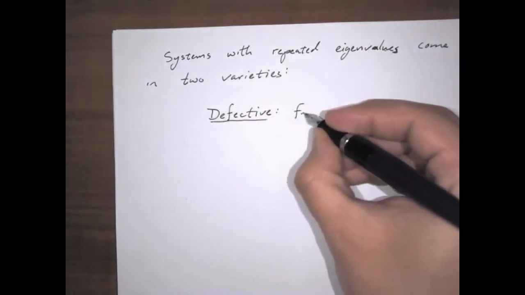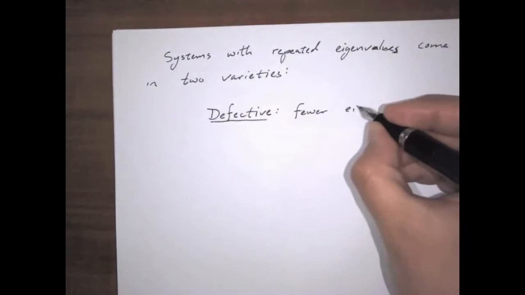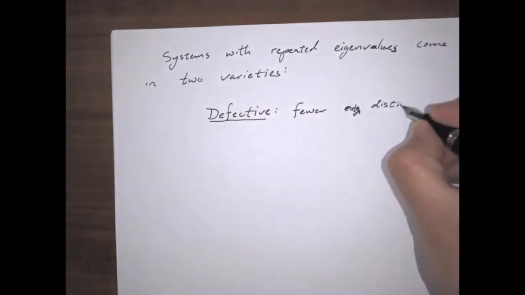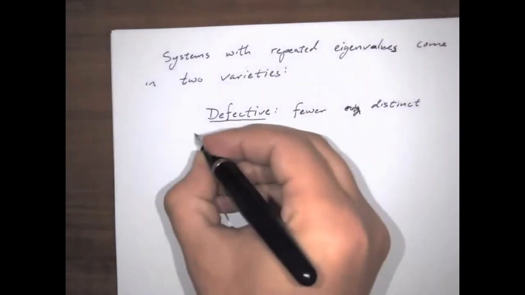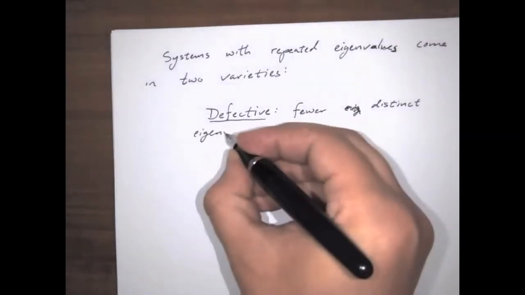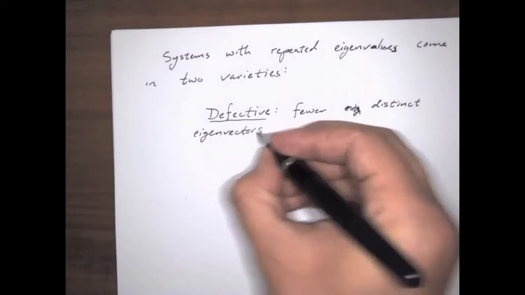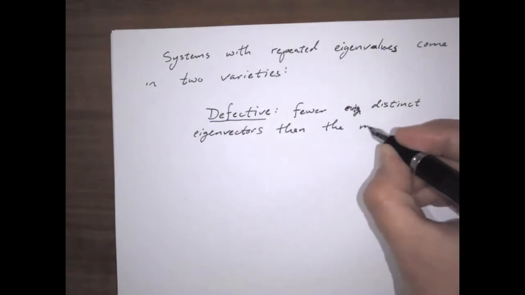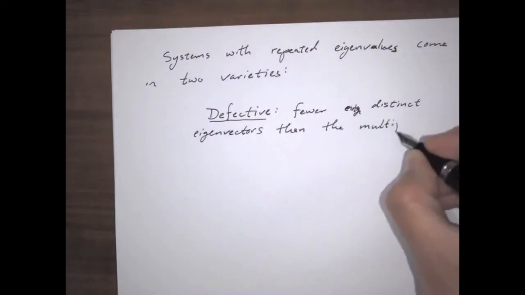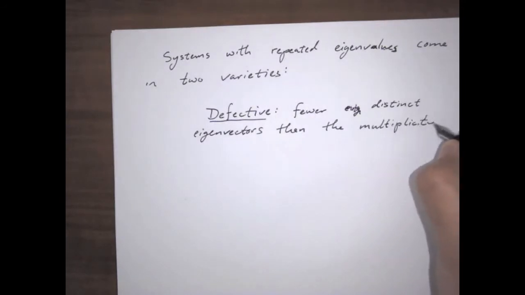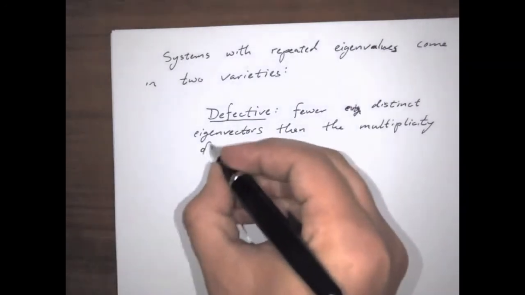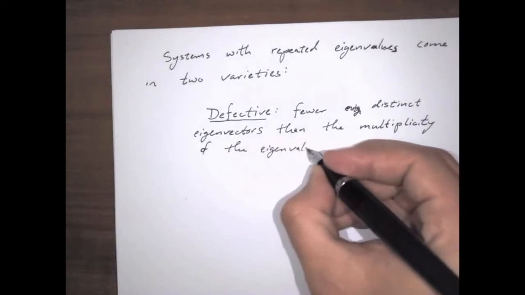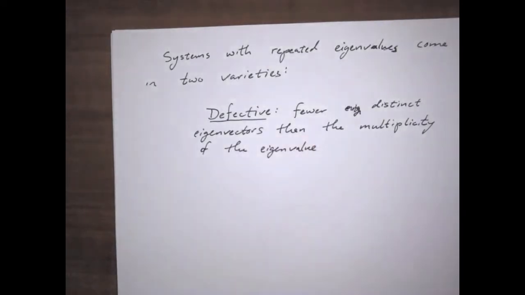It has fewer distinct eigenvectors than the multiplicity of the eigenvalue. That's what we just saw.